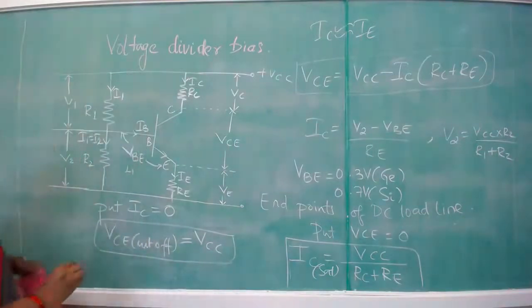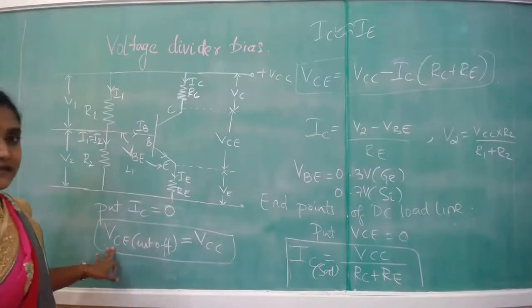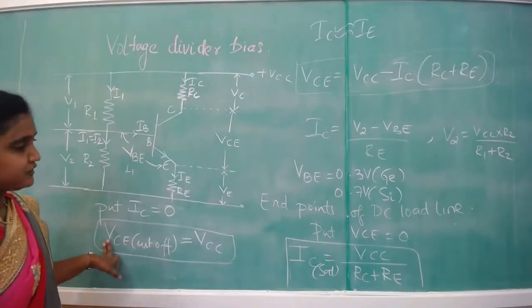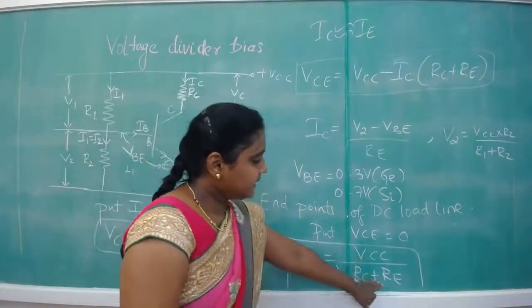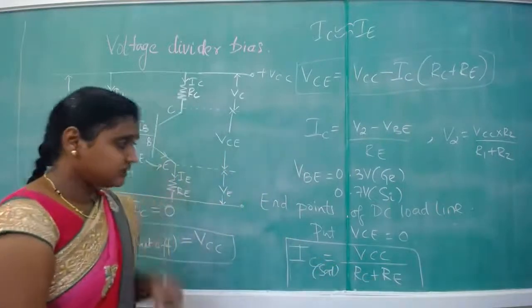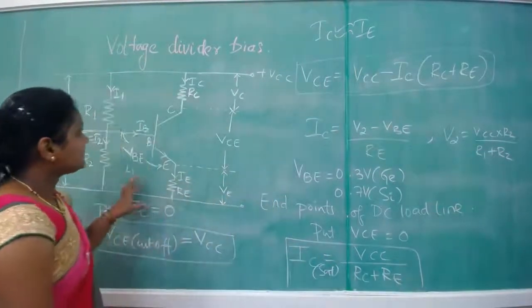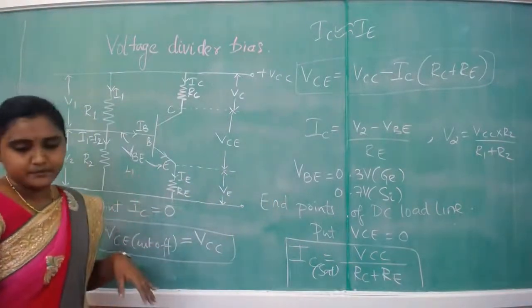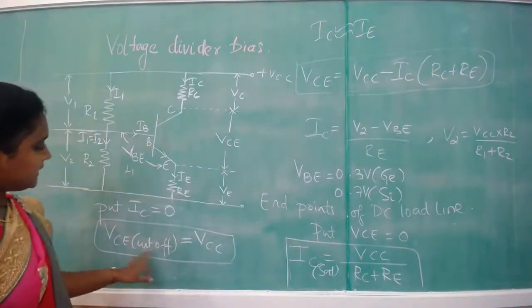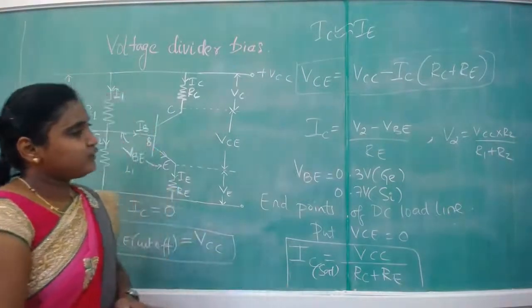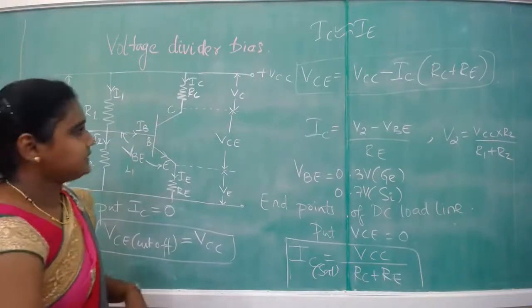As you can observe, it is the same as the cutoff value of VCE for a normal CE configuration of a transistor. What changes here is the value of IC, where it was VCC by RC. One additional resistor is appearing here, that is called the RE for this particular voltage divider bias circuit. Right? So these are the two endpoints, VCE cutoff and IC sat for the DC load line for a voltage divider bias circuit.